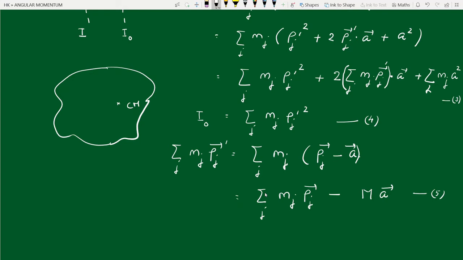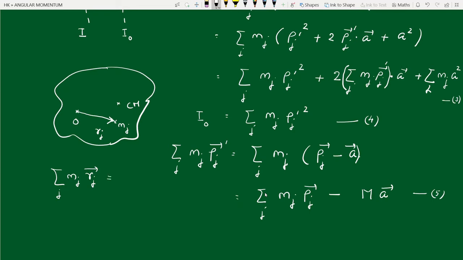If you consider some origin here, and you take each particle of the body of mass mj, which is at a position vector from the origin, let us say rj, and suppose we evaluate this quantity, summation over j mj rj, the moment of each mass, each particle, from the origin of the coordinate system.